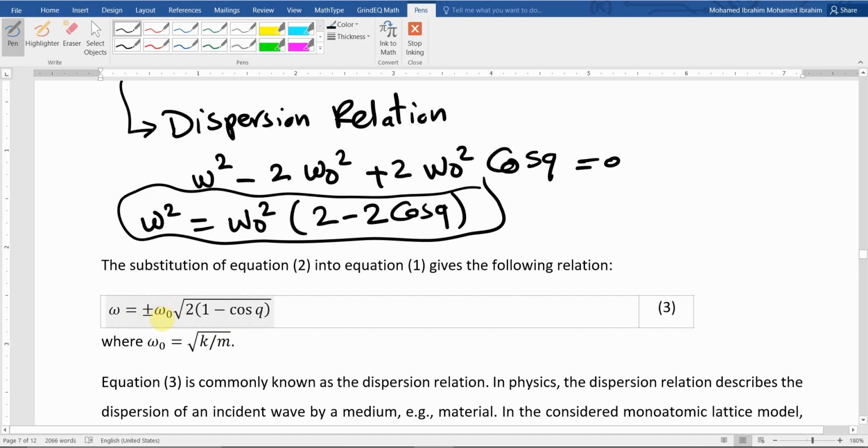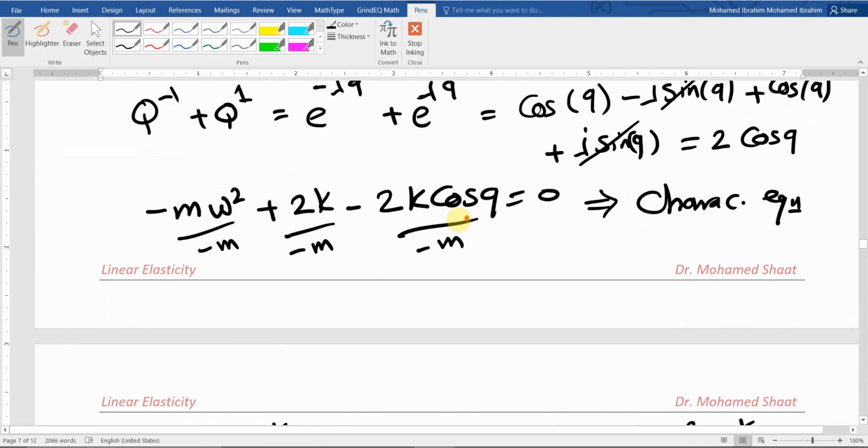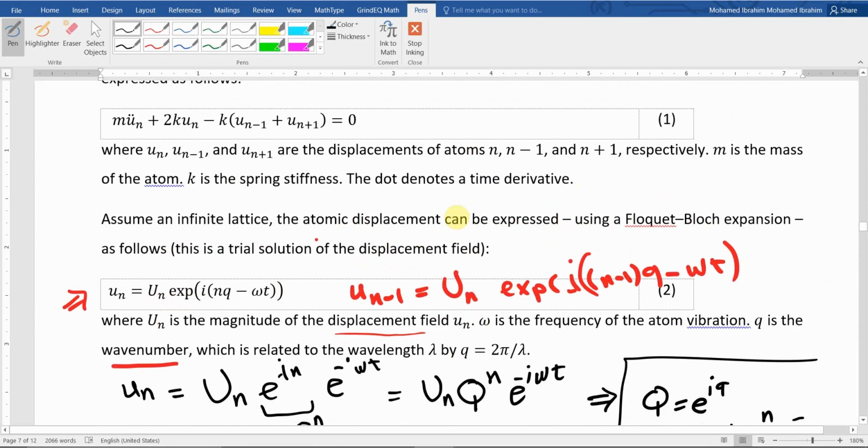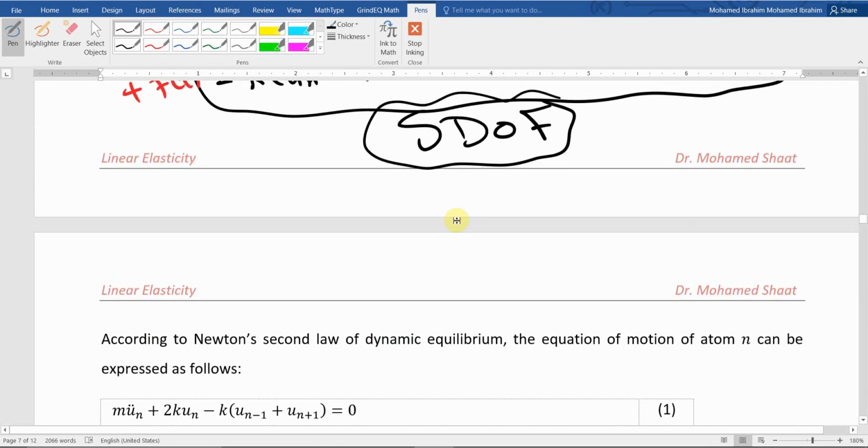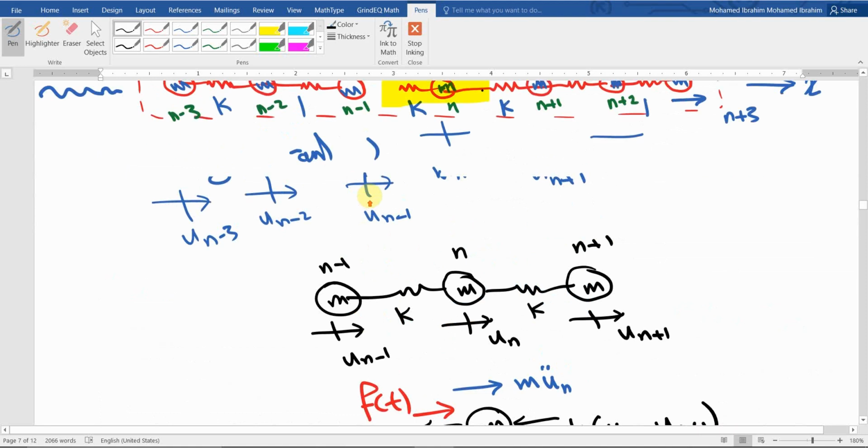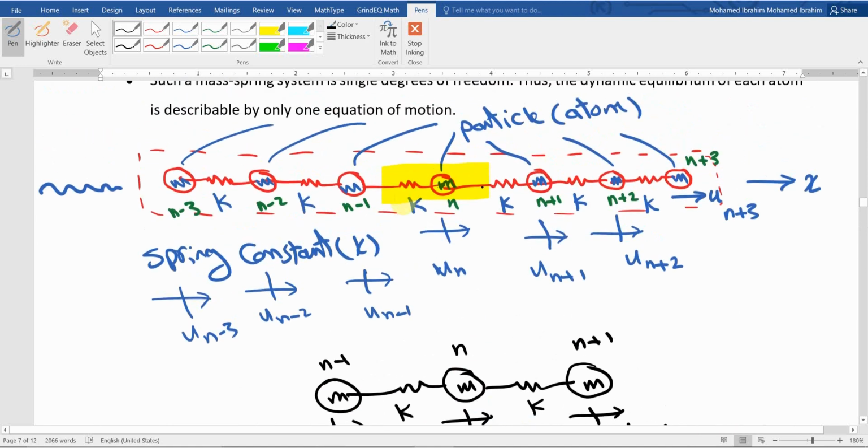So omega n is a material property. This natural frequency is a material property, which is the square root of k over m. What is k? This should be the spring constant of this lattice. And what is m? This is the mass of the lattice itself. So for this lattice, the things that are fixed are the stiffness and the mass. This omega 0 is a natural frequency of the system.